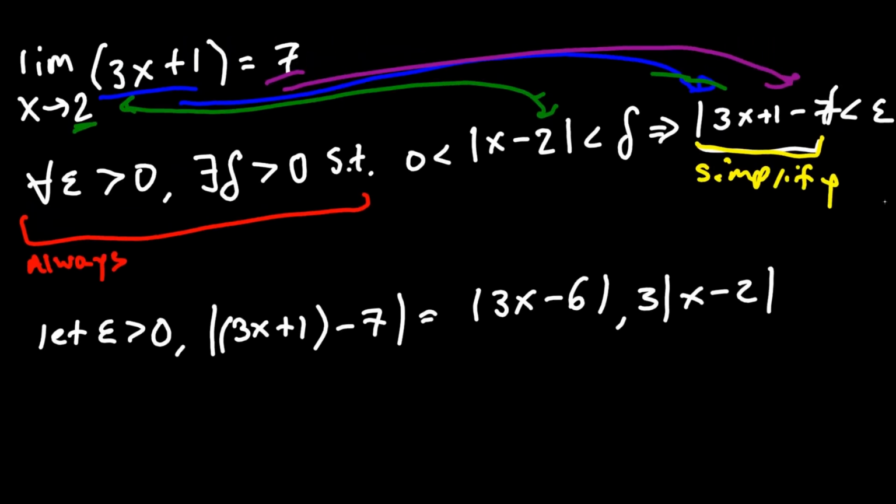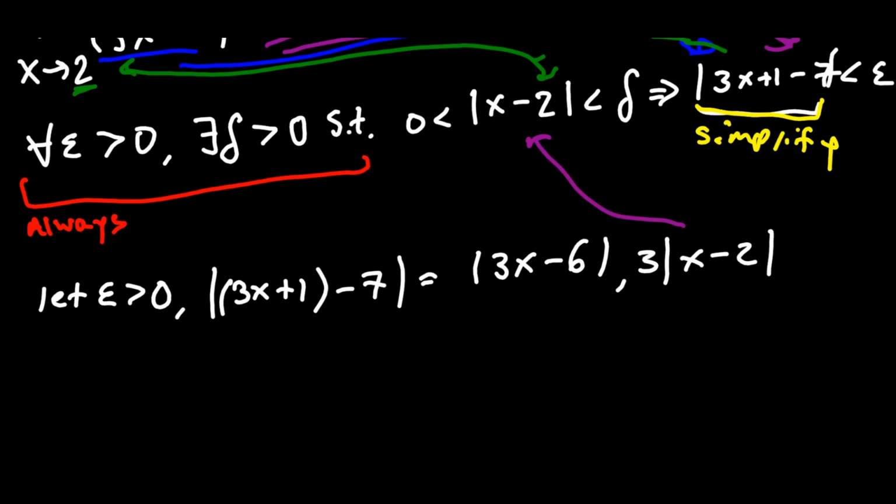And this will be very important in relating it back to this x minus 2 up here. So we want this to be less than epsilon. So let's divide both sides by 3. And then we get that the absolute value of x minus 2 is less than epsilon over 3.